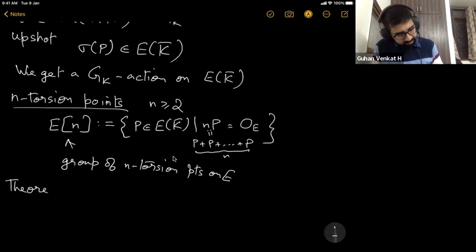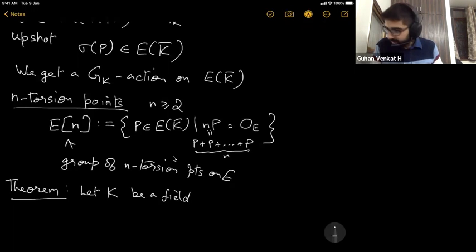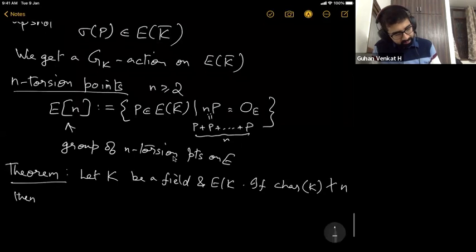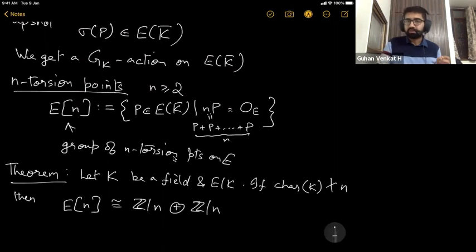Again, we have a nice characterization of this subgroup. Let K be a field and E an elliptic curve over K. If the characteristic of this field does not divide n, then E[n] admits a nice description: it's just Z/n plus Z/n, two copies of Z/n.